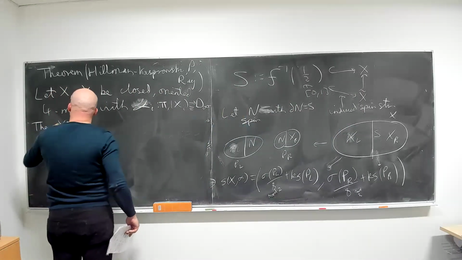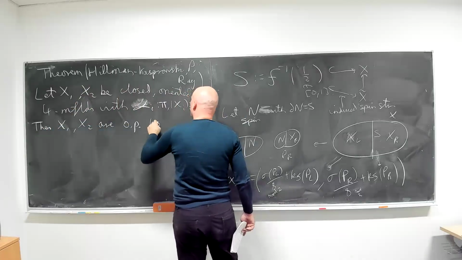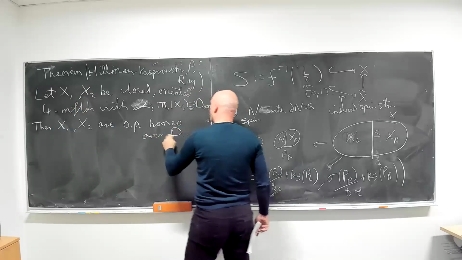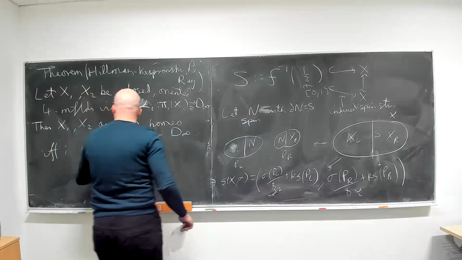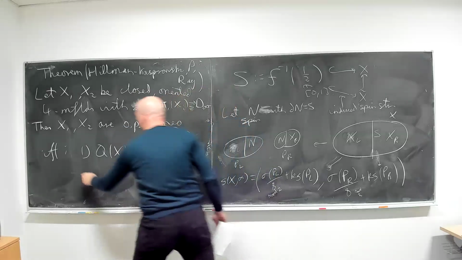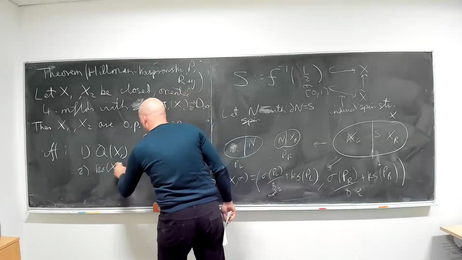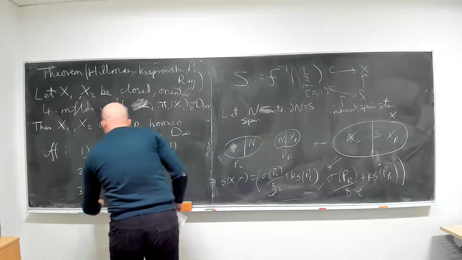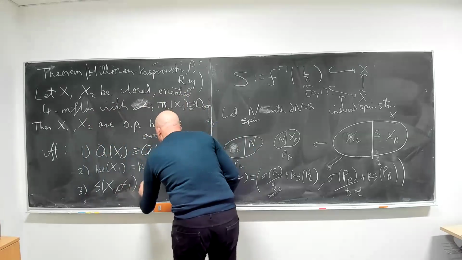Then X1 and X2 are orientation preserving homeomorphic over D infinity if and only if, well, we need them to be homotopy equivalent, so we need their quadratic 2-types to be isomorphic. We need their Kirby-Siebenmann invariants to be the same, and we need these S invariants that I just defined to be equal.